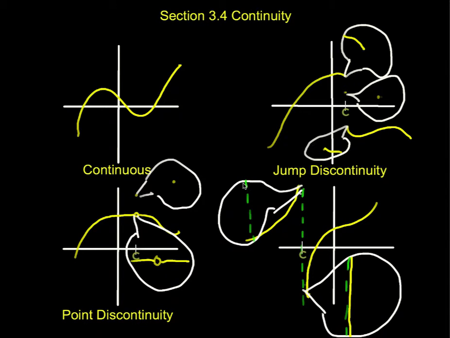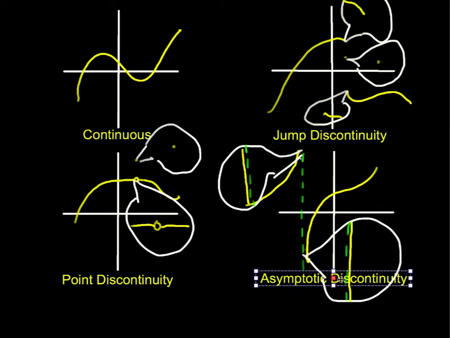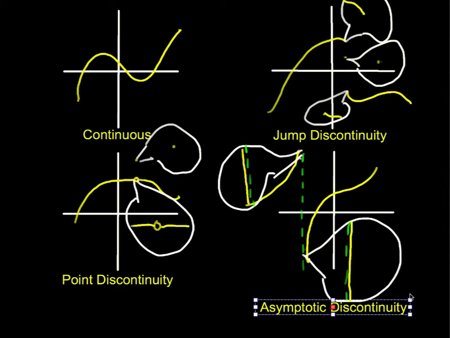So it would be very close to it, but not equal to it. And so my graph would look something like that if I zoomed in. And so this is what we would call an asymptotic discontinuity. Let me write that so we can read it. An asymptotic discontinuity.